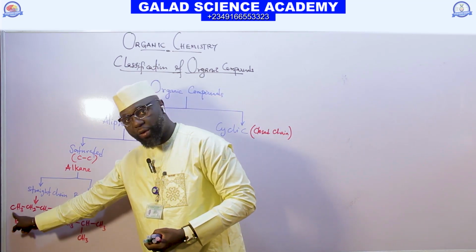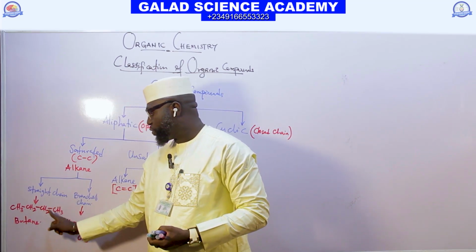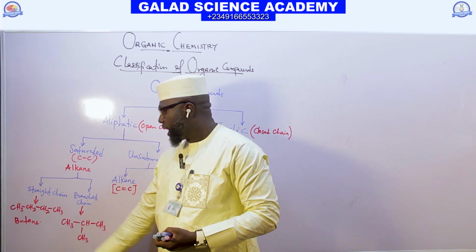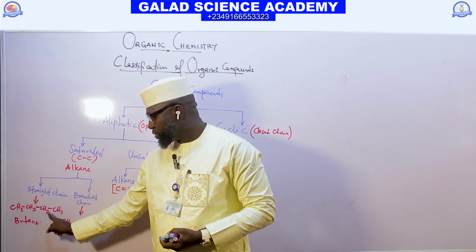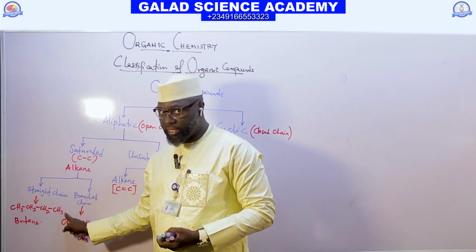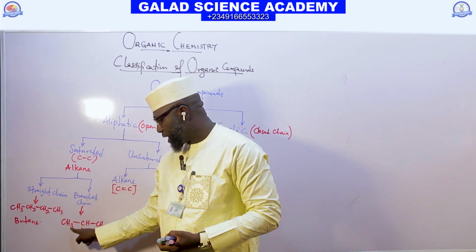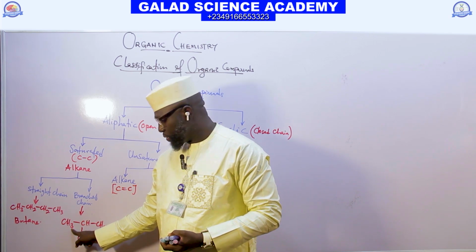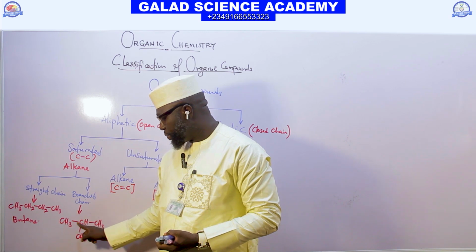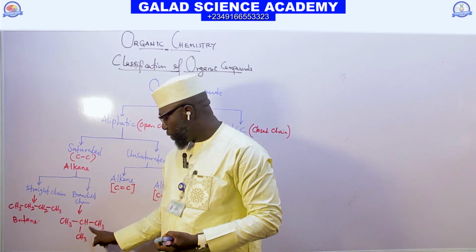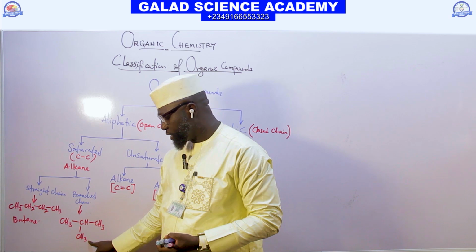How many carbon do we have here? 1, 2, 3, 4. How many hydrogen? 3 plus 2, 5. 7 plus 3 making 10. Here, how many carbon? 1, 2, 3, 4. How many hydrogen here? 3 plus 1, 4 plus 3, 7 plus 3.